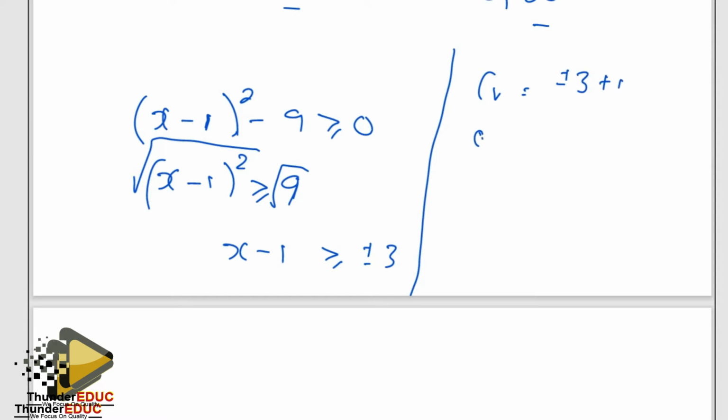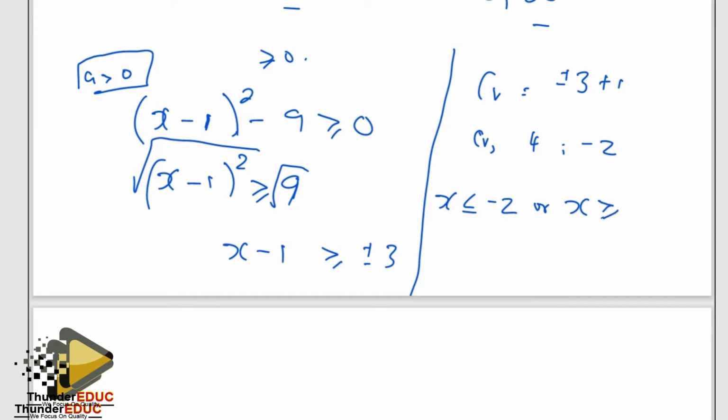So which means the first critical value can be a 4. The other critical value will be a negative 2. But now, since our a is greater than 0, and the inequality symbol is also greater, which means x must be less or equal to the smaller value, or x must be greater or equal to the bigger value.